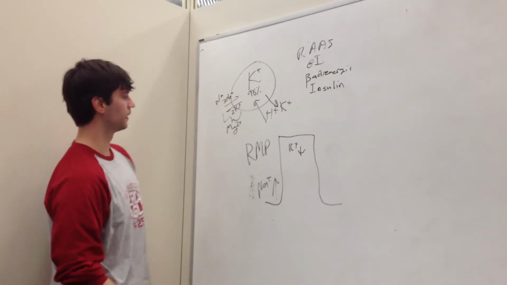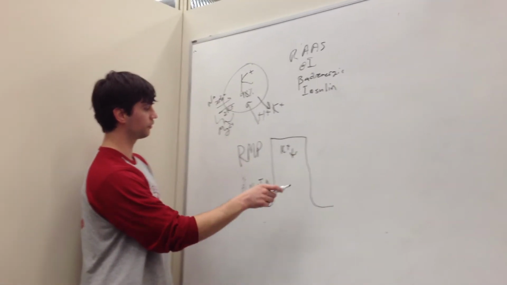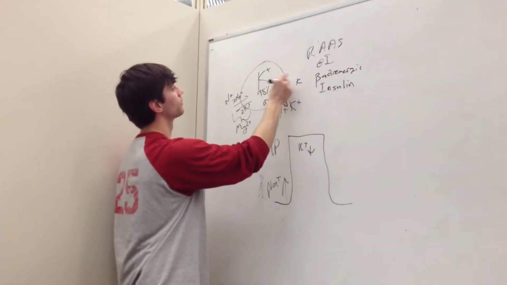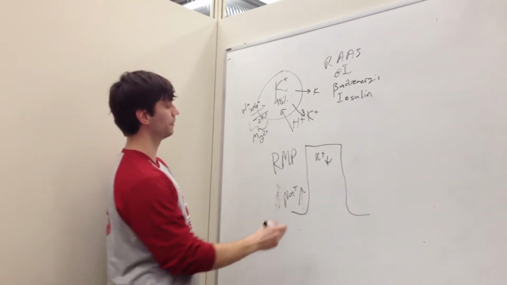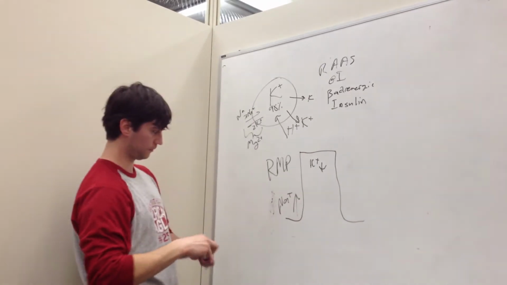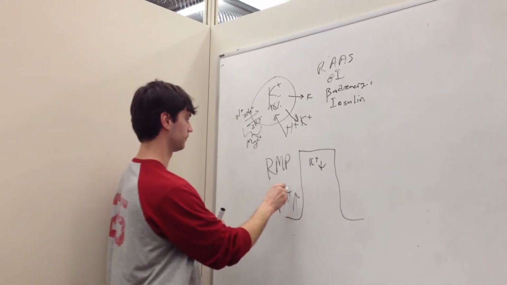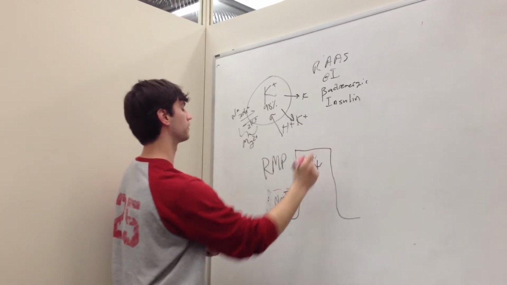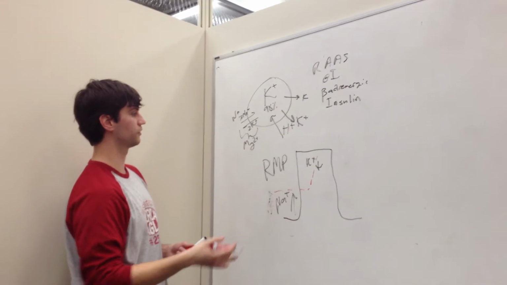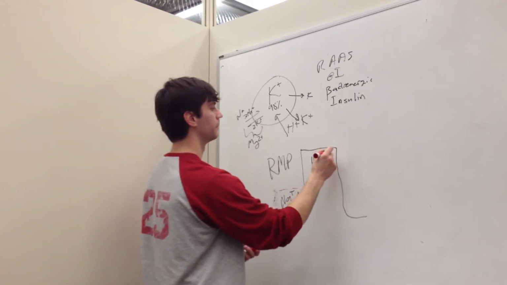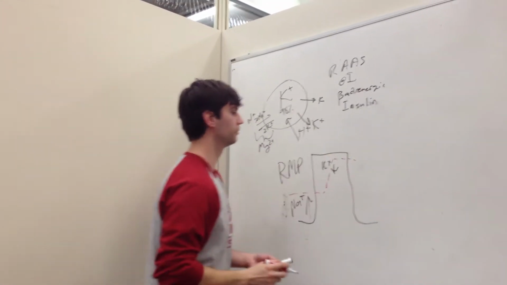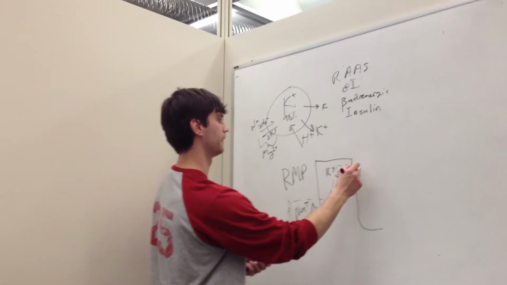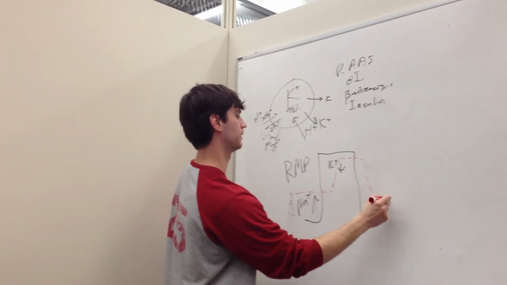Now, when you have increased potassium, you're going to decrease this gradient across the cell, and that's going to raise the resting membrane potential. That's also going to decrease the amplitude of depolarization because you've got less channels being activated, and it's also going to affect repolarization, prolonging it.